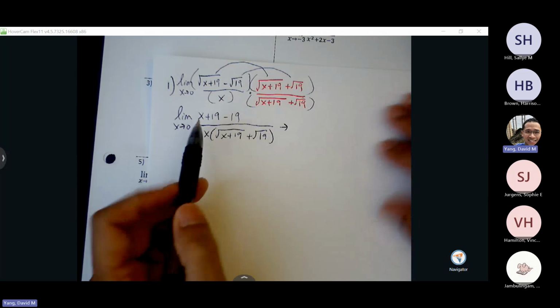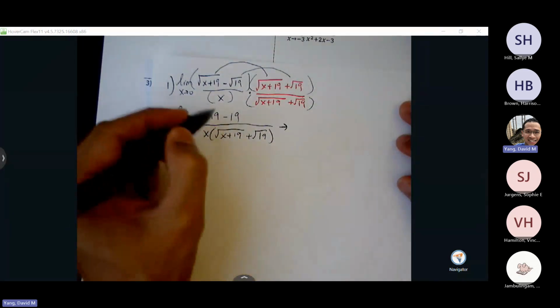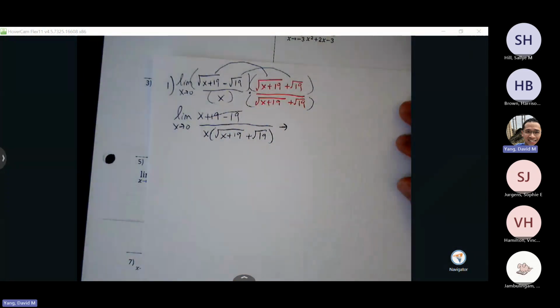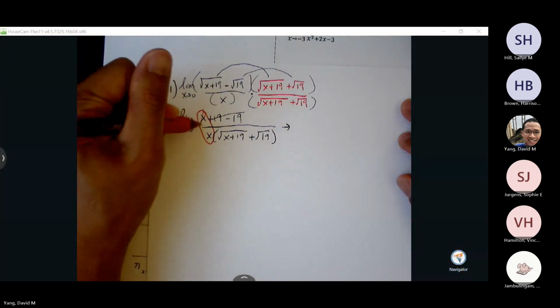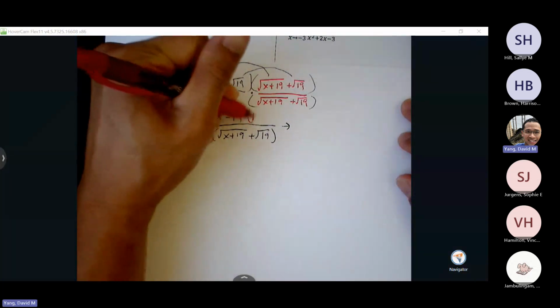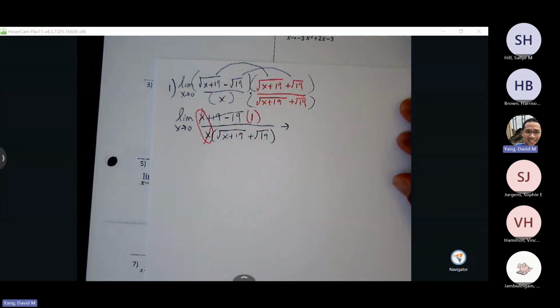Combine like terms, 19 minus 19, that cancels out nicely to be 0. The x's also cancel out. This is what we want. We want the holes to cancel out. There's still a 1 left over in the numerator. Now we reevaluate.